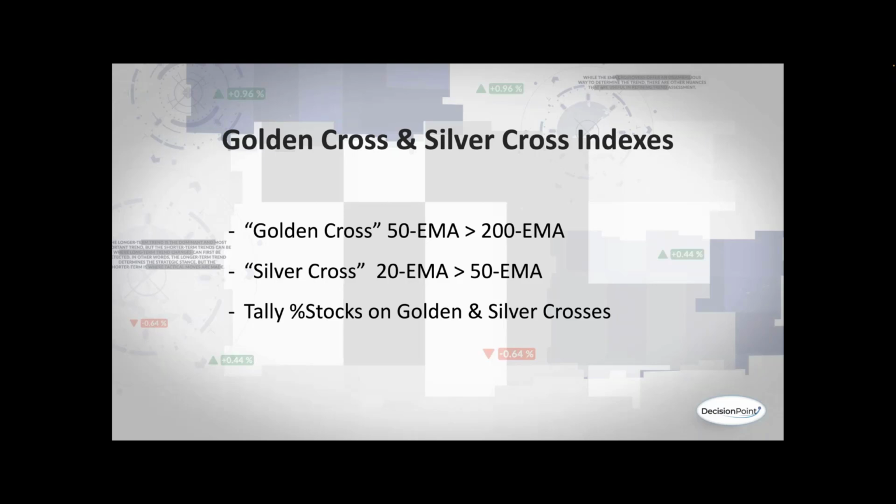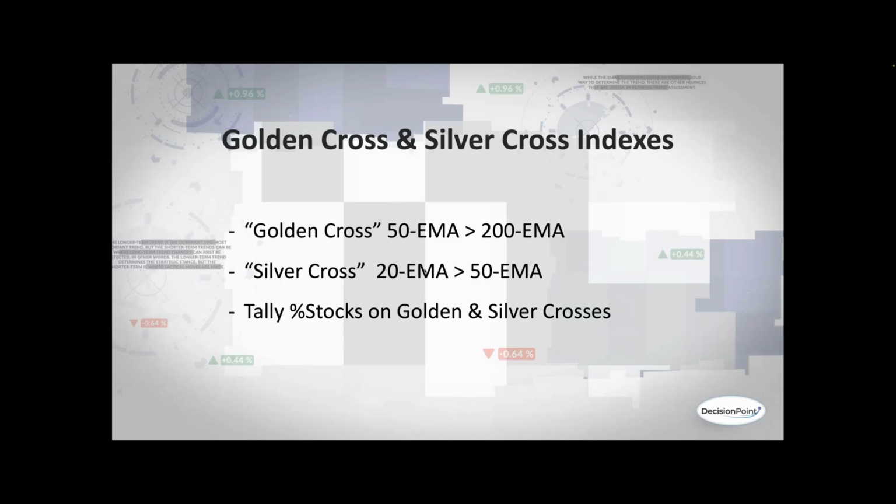So most of you are familiar with a golden cross, which is the 50-day EMA being above the 200-day EMA. We came up with something called a silver cross, and that is a 20-day EMA above the 50-day EMA. So you have a golden cross and you have a silver cross, and I think these are pretty self-explanatory.